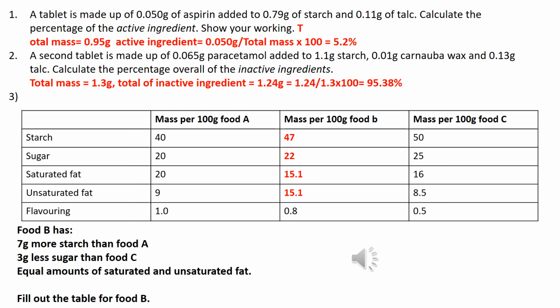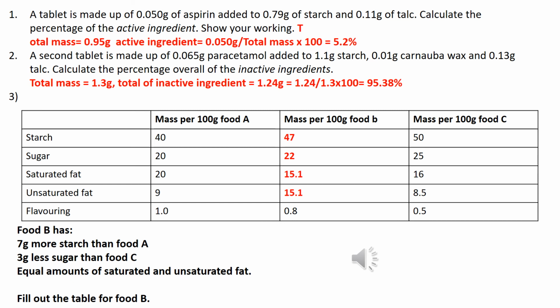After that, you identify the total of inactive ingredients. That means you need to add all the amounts for inactive ingredients, which are 1.1 grams of starch plus 0.01 grams of carnauba wax and 0.13 grams of talc.